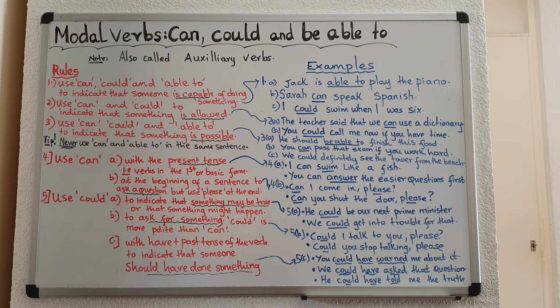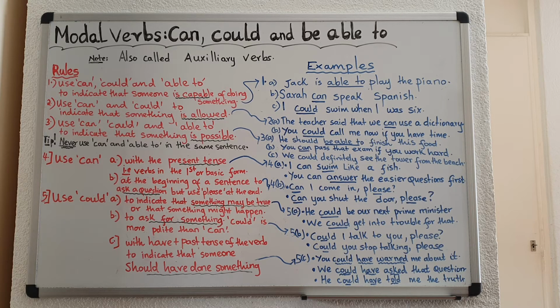Rule number 1. Use can, could, and be able to indicate that someone is capable of doing something, to show that someone can do something.